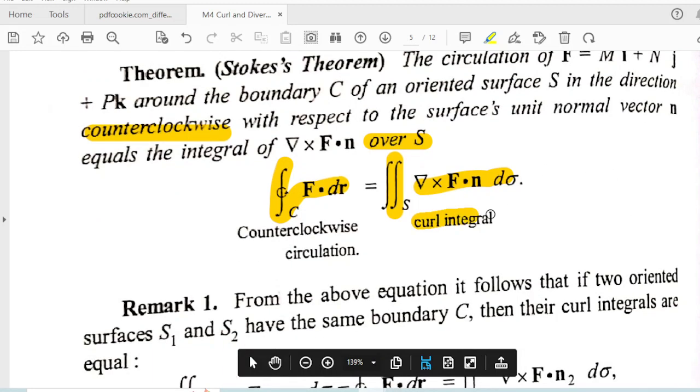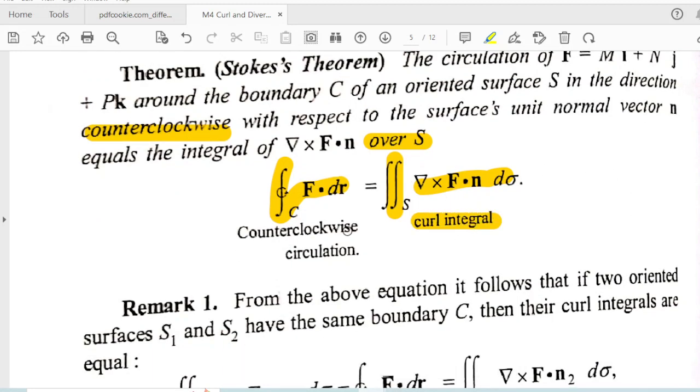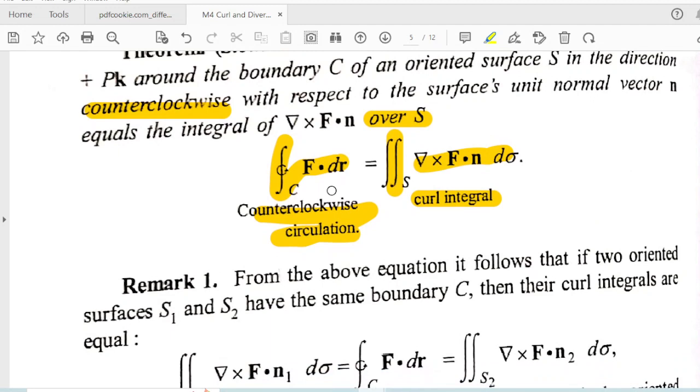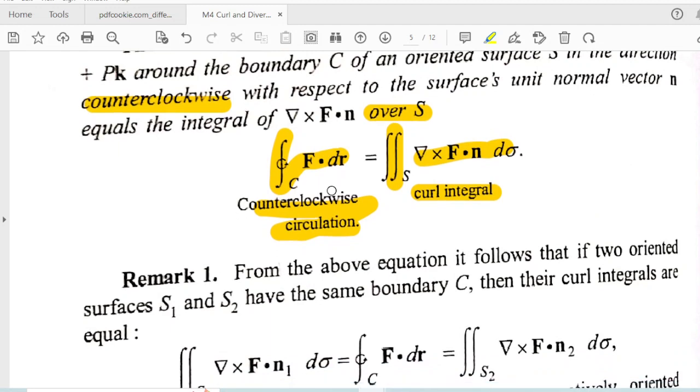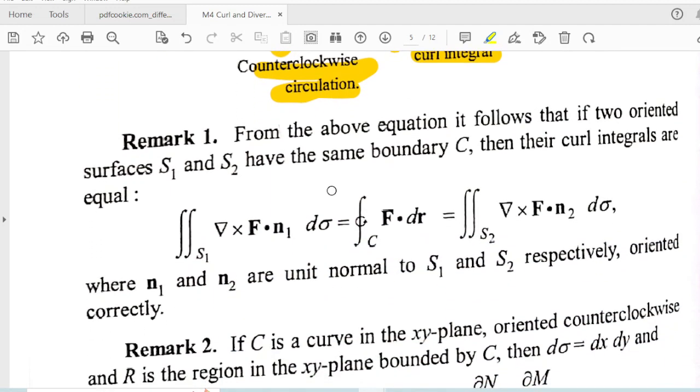This is also known as the curl integral, and this is known as the counterclockwise circulation formula.